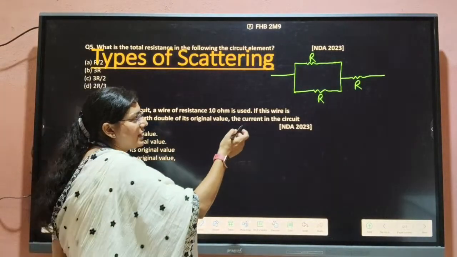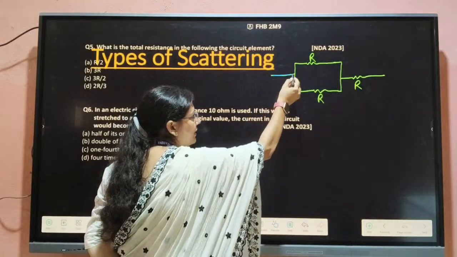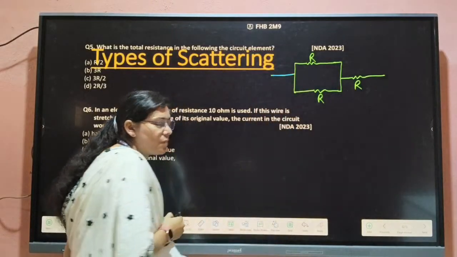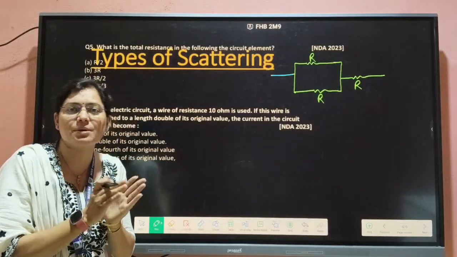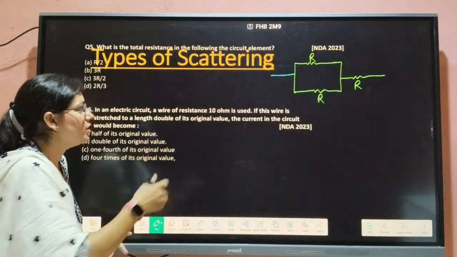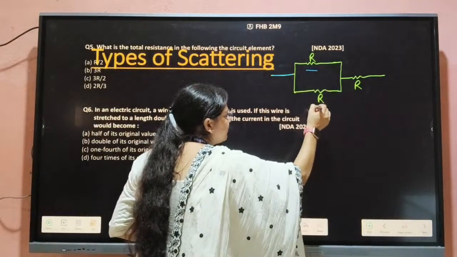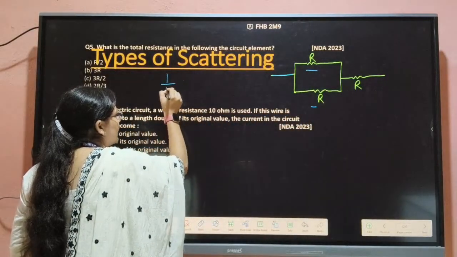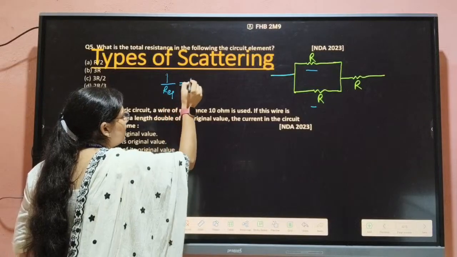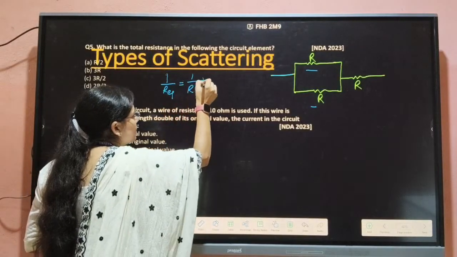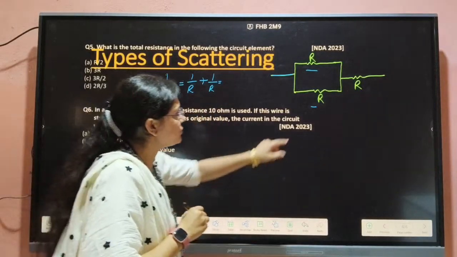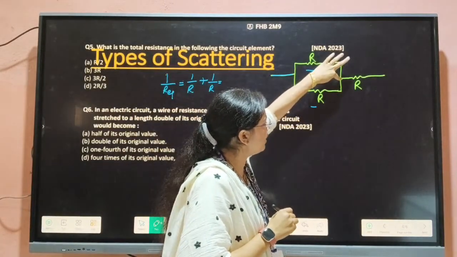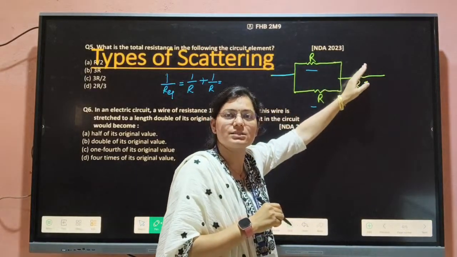Okay, we will start from one end, and here it is divided into two parts. When your connection divides into two or more parts, that means a parallel connection is starting there. So for this one and this one, we can write the equivalent in parallel: 1 by R equivalent equals 1 by R plus 1 by R. This is a parallel connection, and when both join at one point, a series connection starts again.